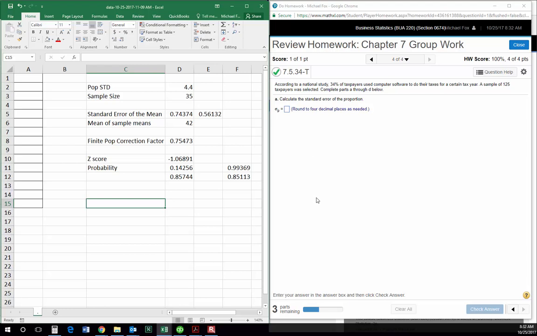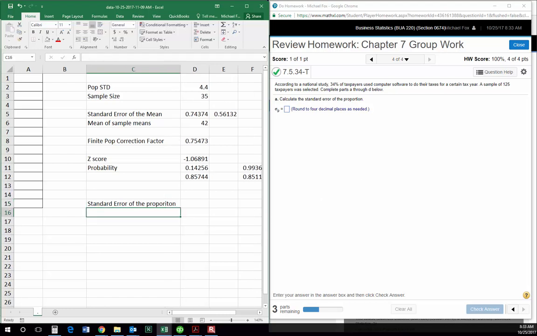So the first thing we have to do is calculate the standard error of the proportion. The formula for this is on page 318 in the book.